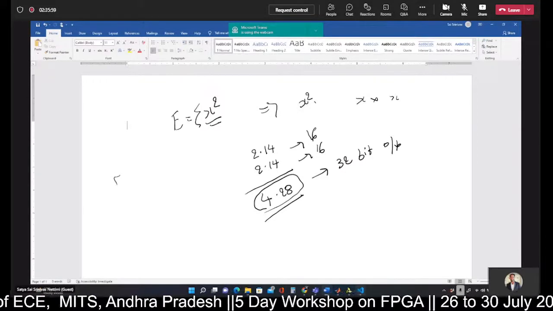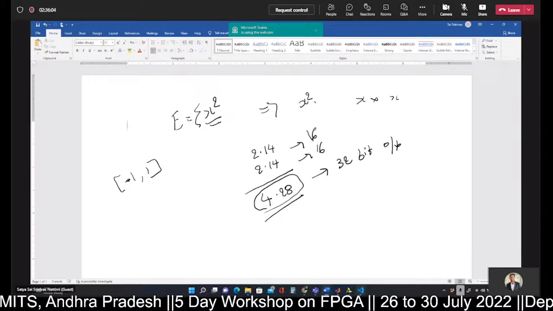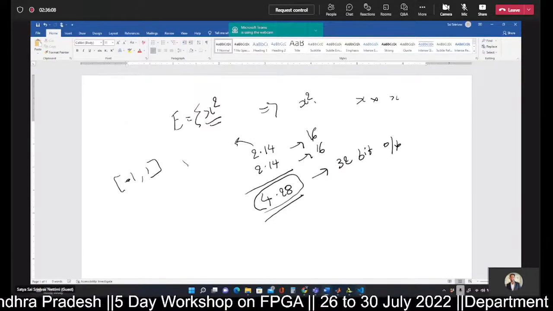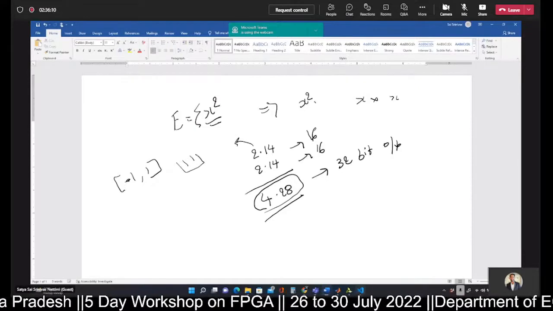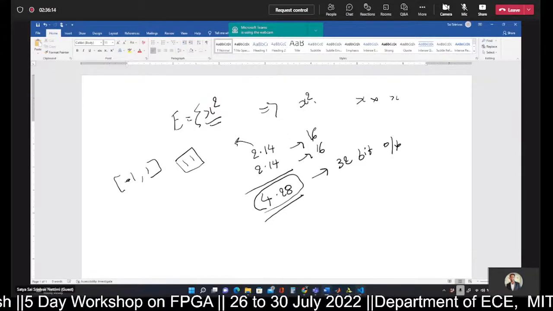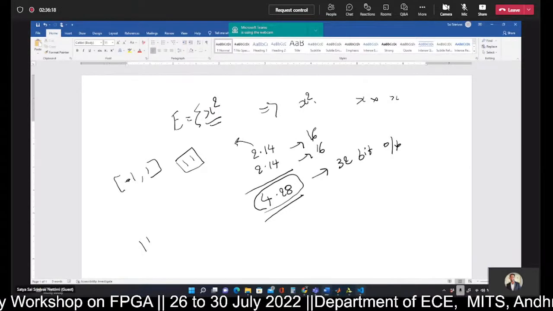However, since your data range is from -1 to 1, and here you have taken one sign bit followed by one magnitude bit, after multiplication in the integer part you are getting 4 bits, right?